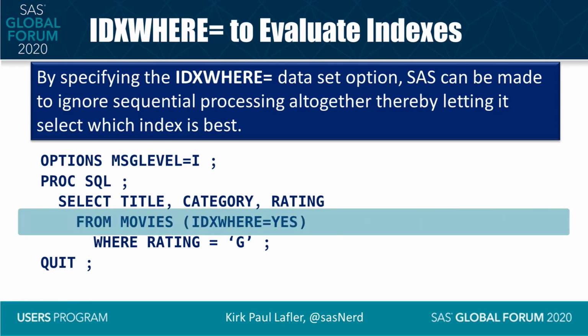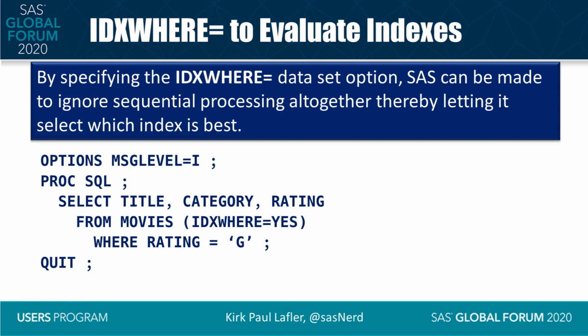The optimizer will have no choice but to choose one of the best indexes for the query itself. And to provide detailed information as to which index was chosen, we specify the options message level equal I system option.